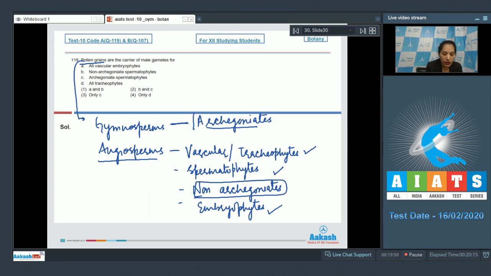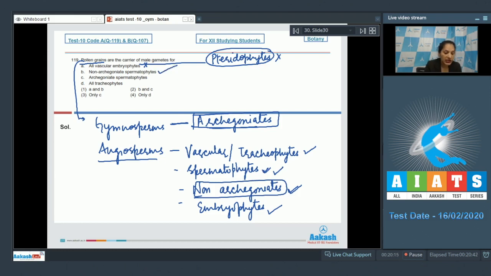Embryophytes is common for both. Now, all vascular embryophytes? No, because all vascular embryophytes include pteridophytes also. Pteridophytes do not have pollen grains, so this is not the correct one. Non-archegoniate spermatophytes, yes. Angiosperms are non-archegoniates; they lack archegonia and they are spermatophytes, seed-bearing.